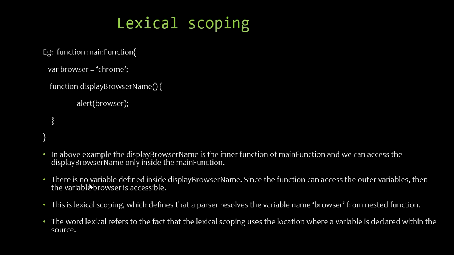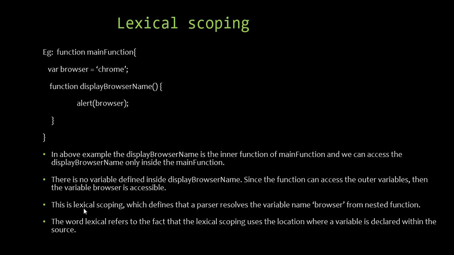There is no variable defined inside the display browser name function. Since the function can access the outer variable, the variable browser is accessible. According to the rule, we can access the outer variables and the global variable. So this browser variable is accessible inside this function.